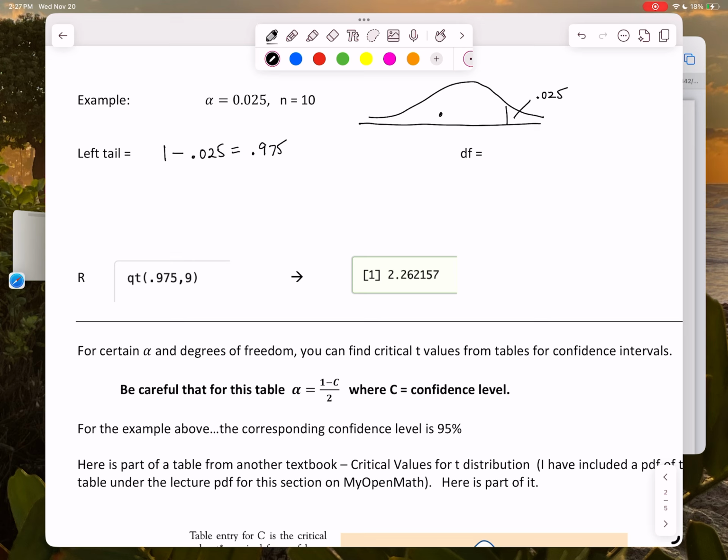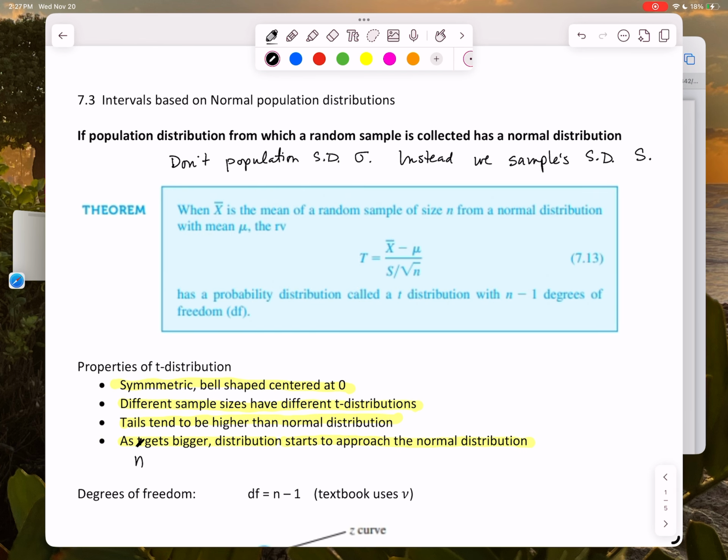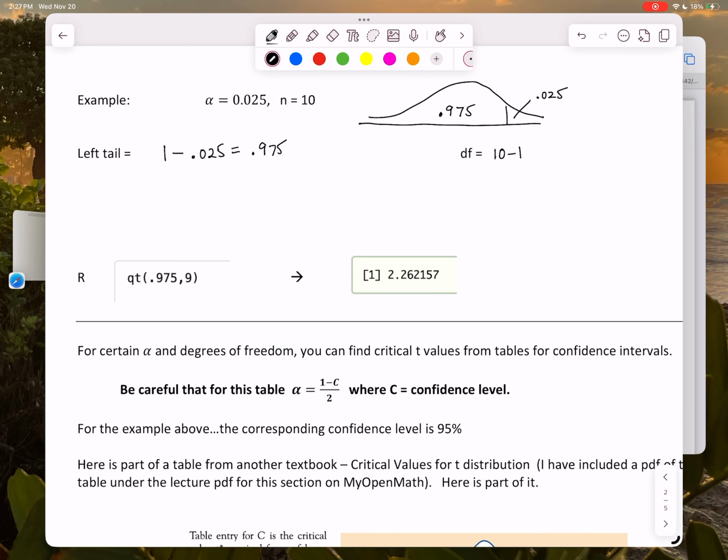So this area here is 0.975. The sample size is 10, so the degrees of freedom is 1 less than that, which gives 9. Using R, it's q for the quantile. Since it's not a normal distribution, it's a t distribution, we use t, and then we need the left tail area and then the degrees of freedom. And this is the printout if you did R.